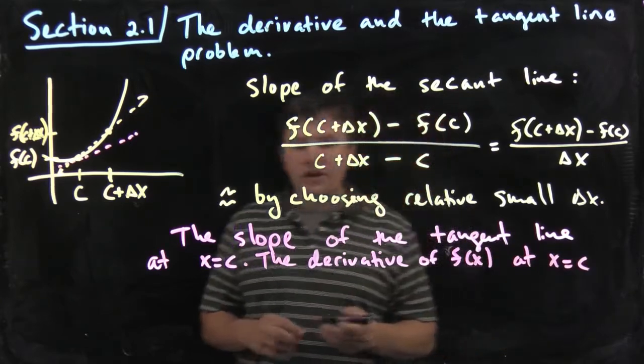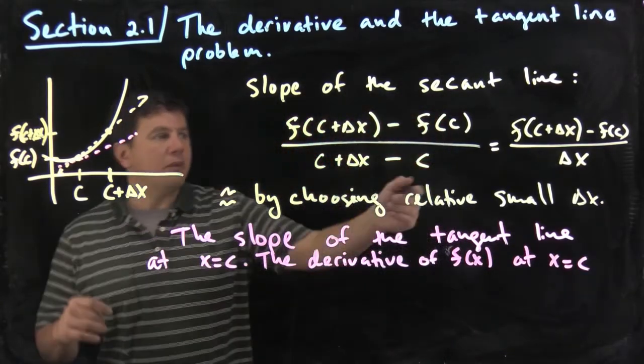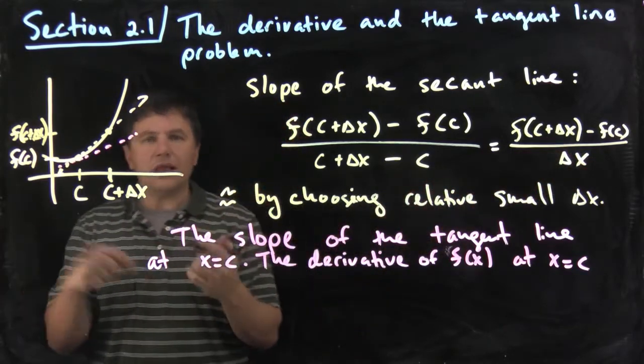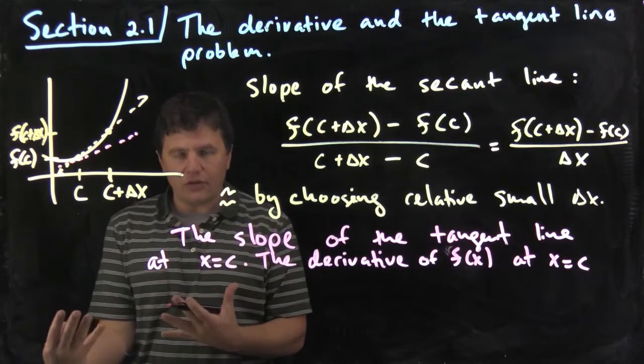So when we say the derivative, we are saying the slope of the tangent line. And that would be just by limiting delta x to 0, and that was the whole point of learning limits, is they give us the tools to do the things we need to do in this class.